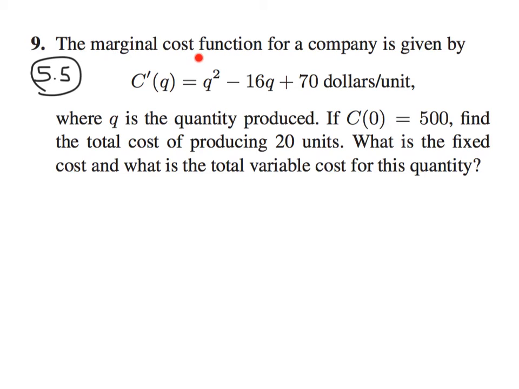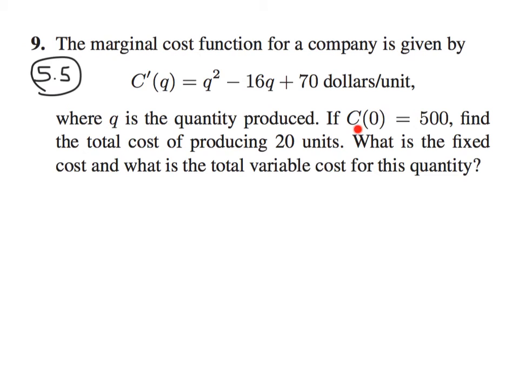Now we are given the marginal cost function for a company: C prime, the marginal cost of quantity Q, is Q squared minus 16Q plus $70 per unit. We are also given the fixed total cost, the fixed cost of starting production.